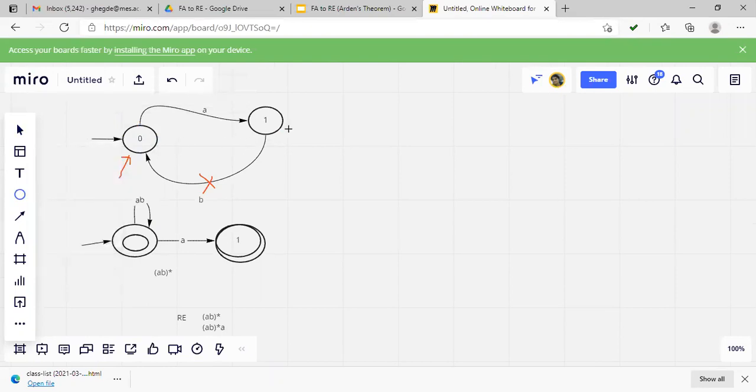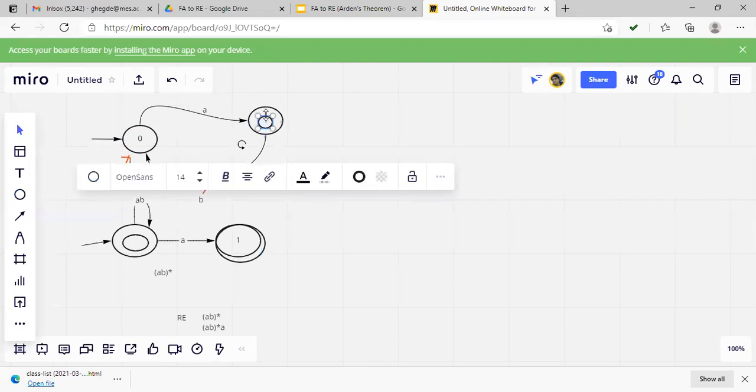Ma'am, can we convert more than one final state to one final state? Ishani, eliminating more than one final state is in the state elimination method. Here you need not do that.